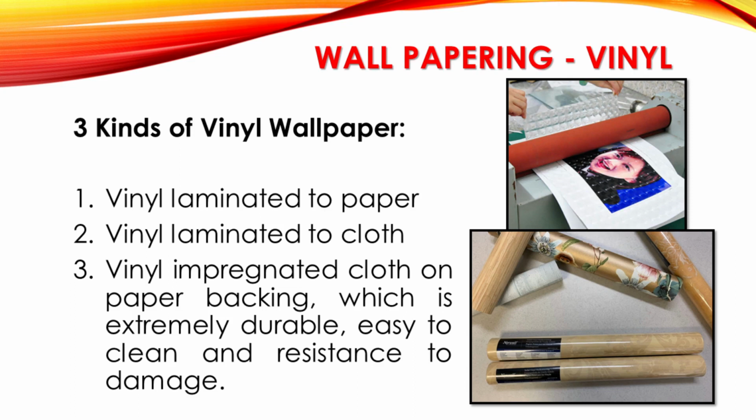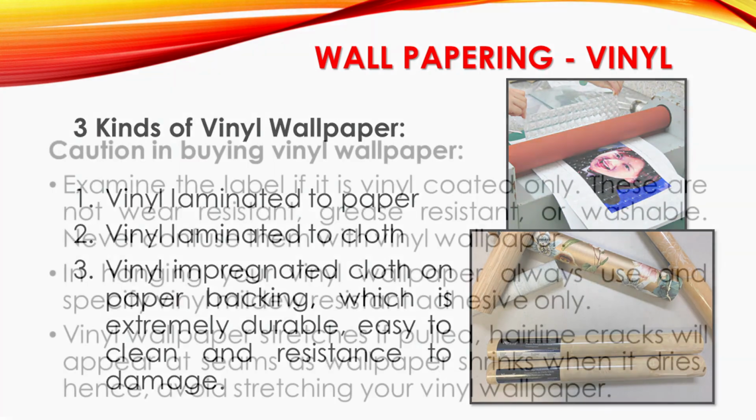By the way, vinyl is a synthetic man-made plastic material that is widely used in construction due to its durability and effectiveness. Vinyl wallpaper consists of a base and a vinyl film that is layered on top. And this process is done to create a durable wallpaper that is thick, washable, and long-lasting.